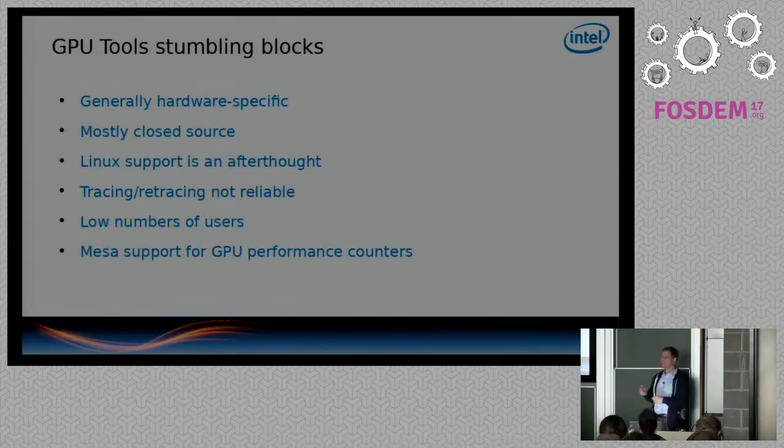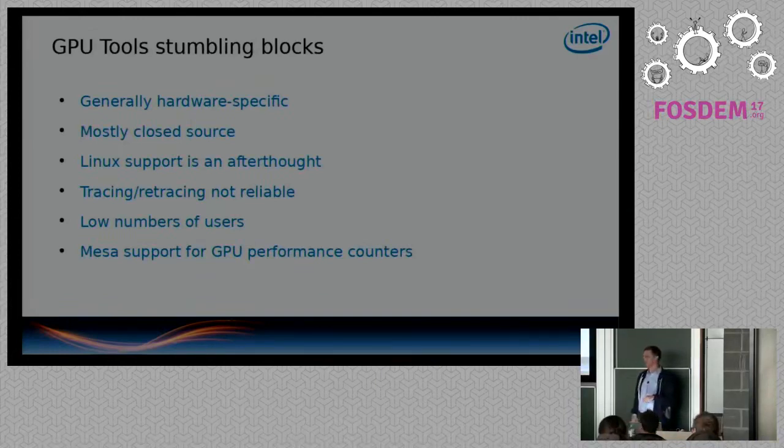Another reason why tracing is often unreliable is there are not that many users. You might have a tools team that tries to build a tool, but unless you have lots of developers applying it and looking at different workloads, you're not going to discover the bugs in your tracing system.